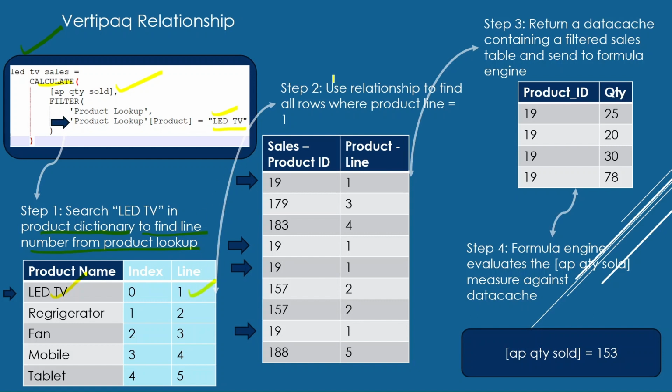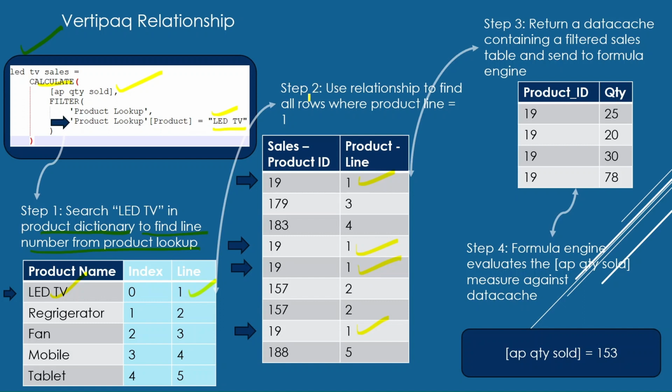Second step, it uses the relationship to find all the rows where product ID is 1. So in the sales table, it will look at all the products which have line number 1. This is line number 1, this is line number 1, this is line number 1, and this is line number 1. So there are 4 products present in the sales table which have line number 1.